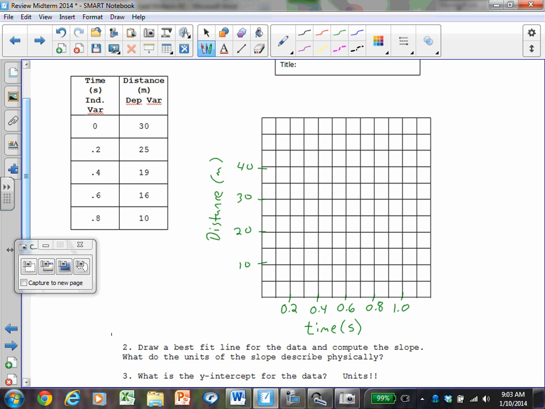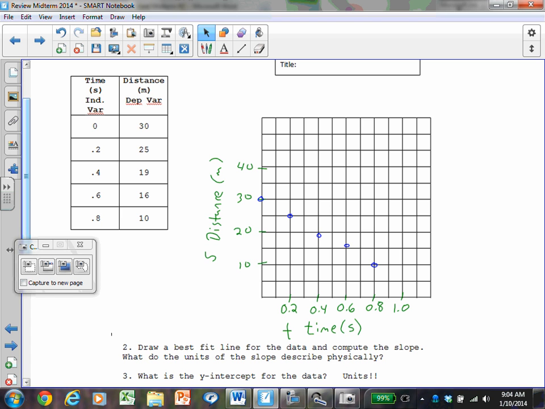Position is S, and the distance is change in S. And time is T. Now we'll plot the data on there. So 0, 30; 0.2, 25; 0.4, 19; 0.6, 16; and 0.8, 10.